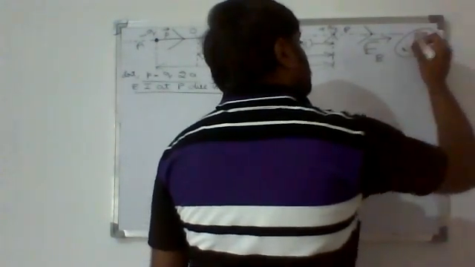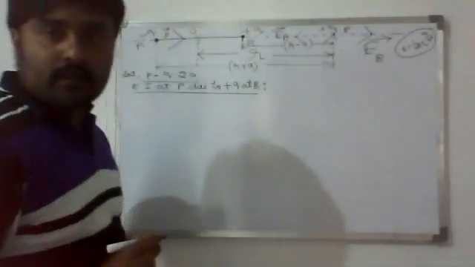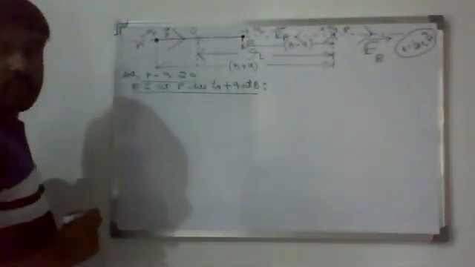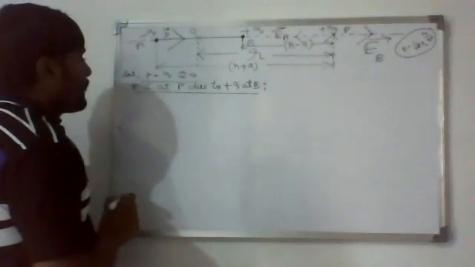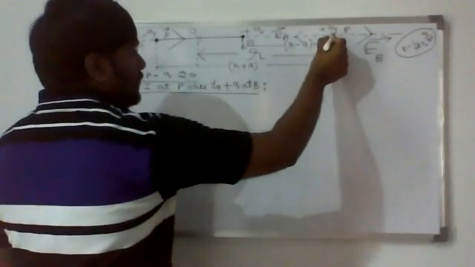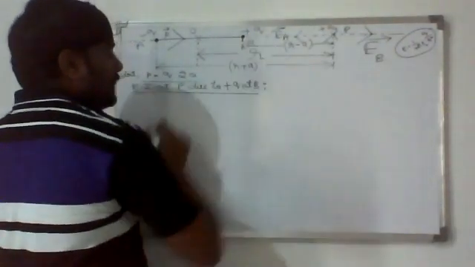So this is the expression for electric intensity at a point due to a point charge. Okay. So electric intensity at P due to plus Q at B.